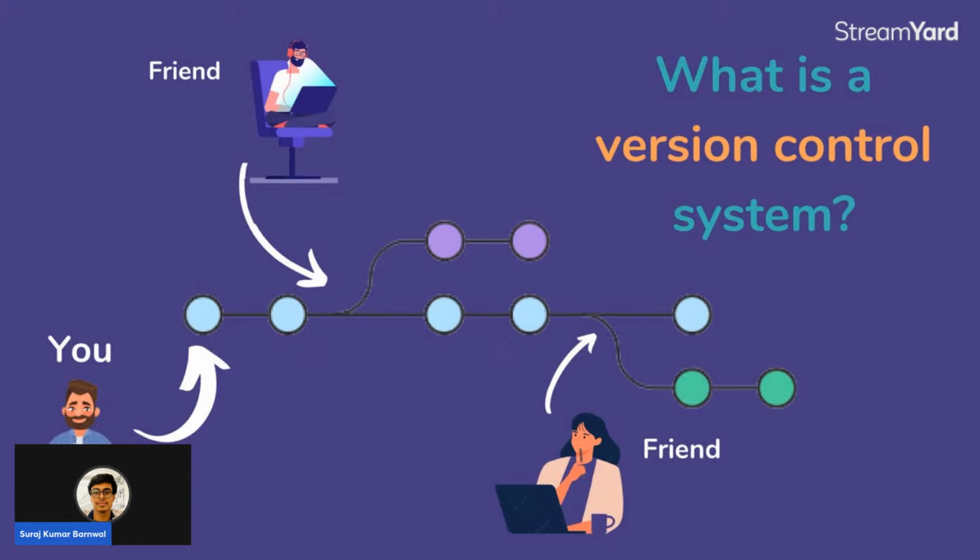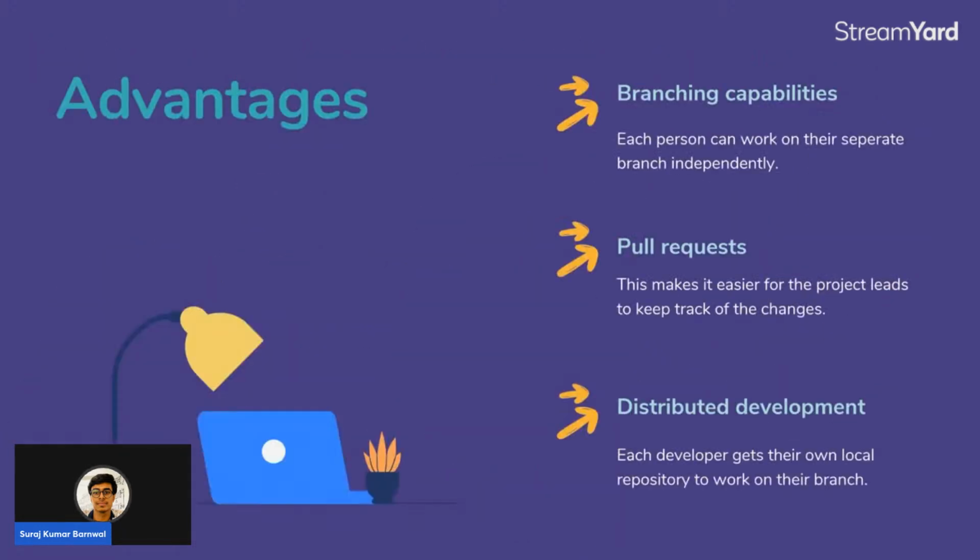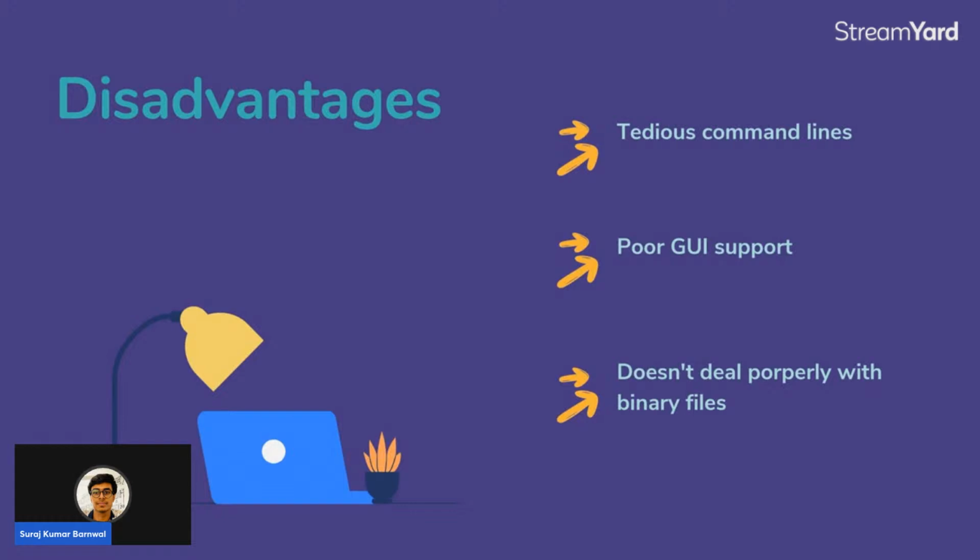You can see it here, but Git does not offer that. You have to visualize it while working with Git. That's what poor GUI support basically means. When you write commands, you have to visualize what you are basically doing, what the current workflow is. And the third disadvantage is that it does not deal properly with binary files.